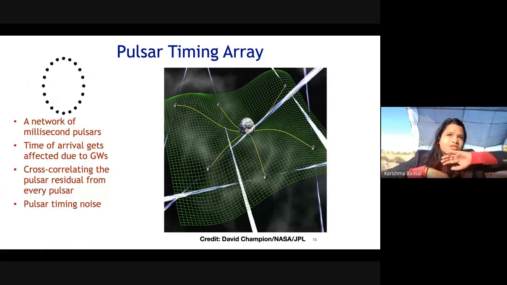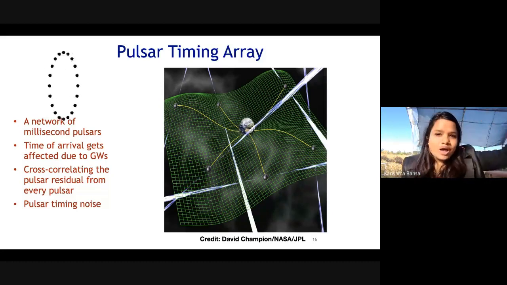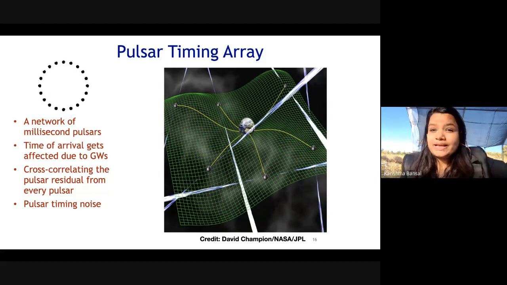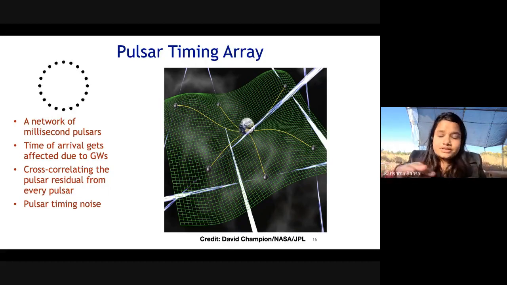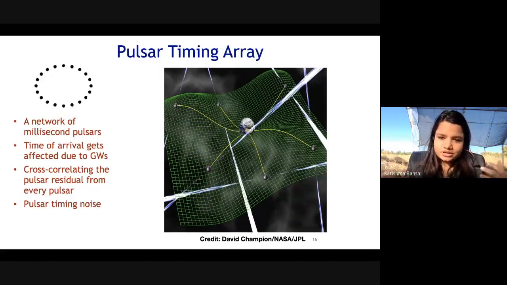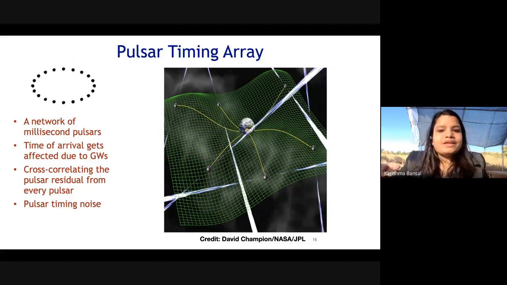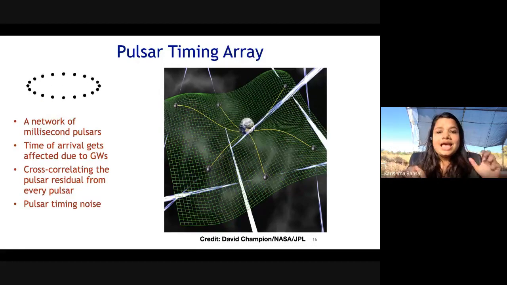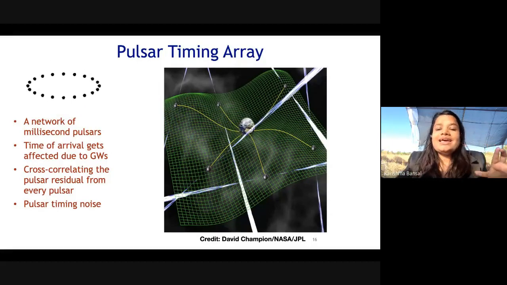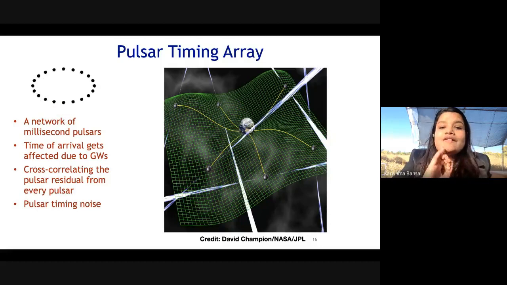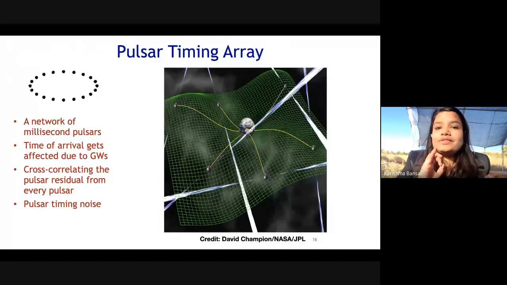So let's say far, far away there is some binary supermassive black hole system. It is coalescing, or the orbit is decaying, and that's emitting these gravitational waves. These gravitational waves travel through the space-time. And what they do is they affect the pulsar arrival time.